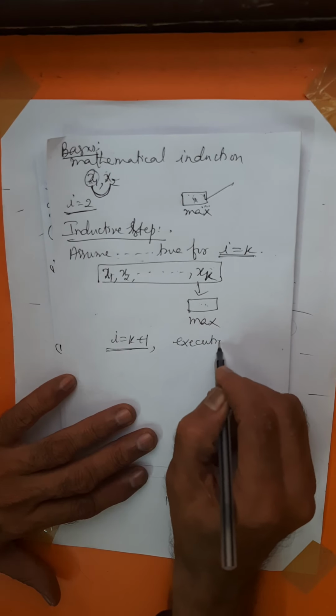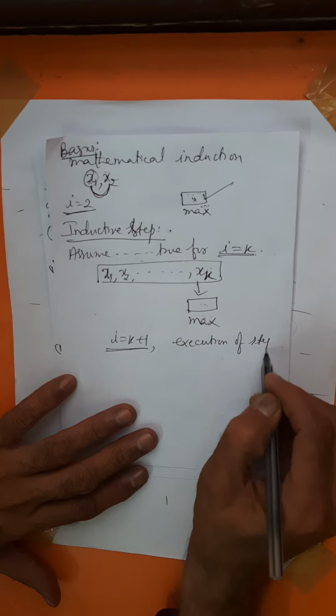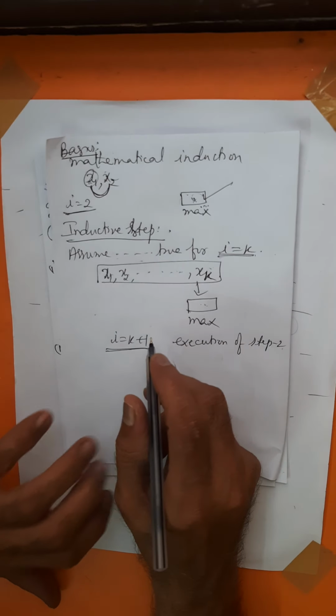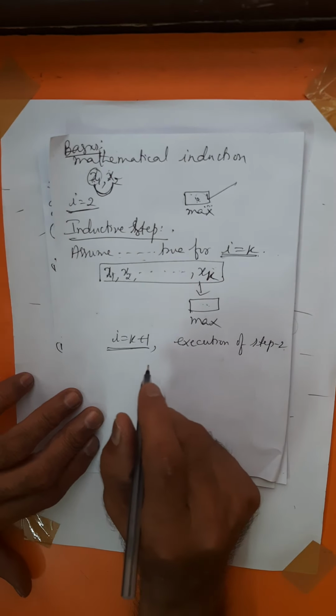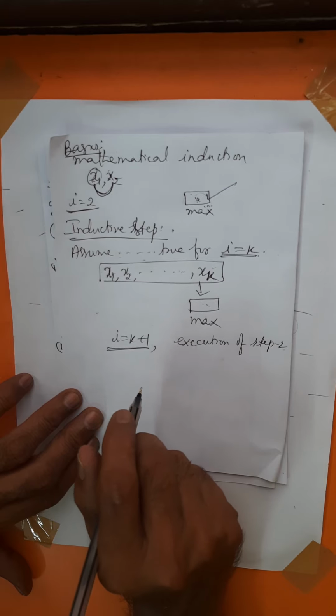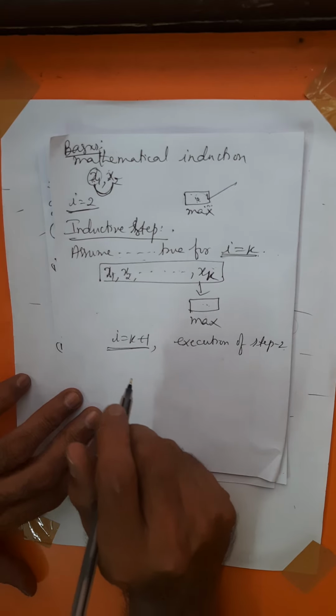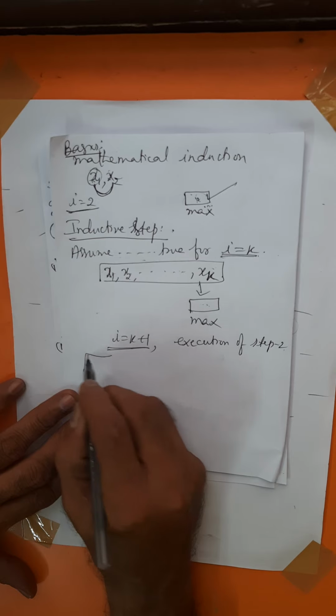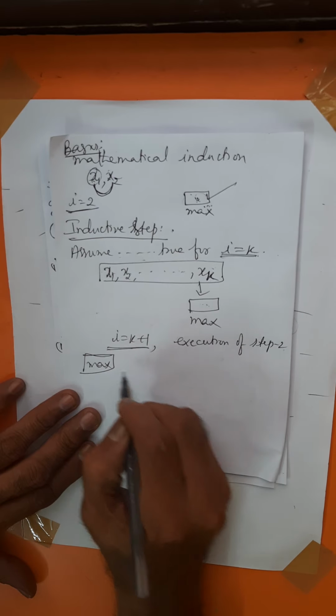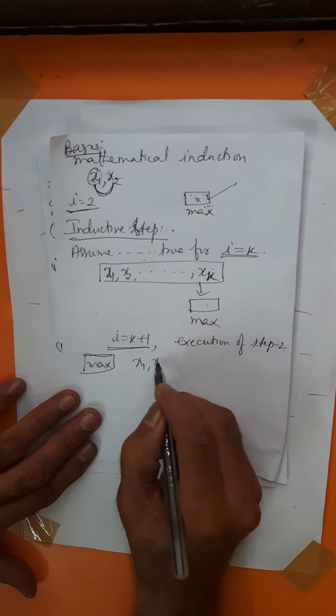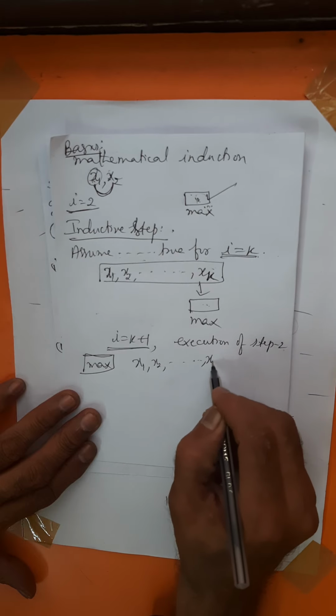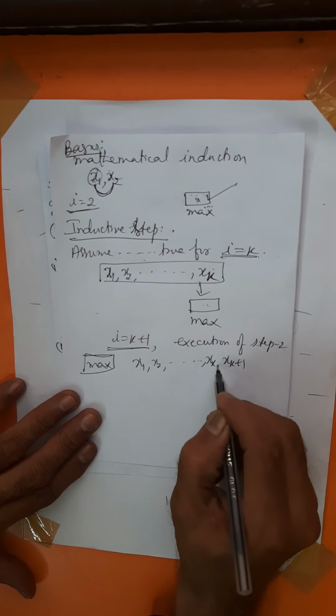Execution of step 2, that is, comparing the values. What you will get? You will find that the number in the register max is the largest among x1, x2, x3, xk, xk plus 1.